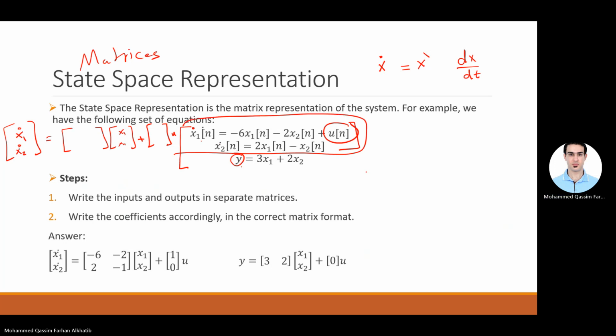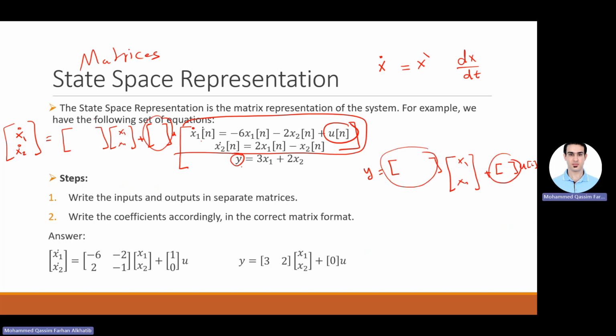Second one, y will equal a vector multiplied by x1, x2 plus a scalar times u of n. Now the task is to find these matrices or vectors from this state space representation. Best way to do it is to do aligning. You align x1 and x2 together, and the matrix will be built immediately by looking at x1 and x2.